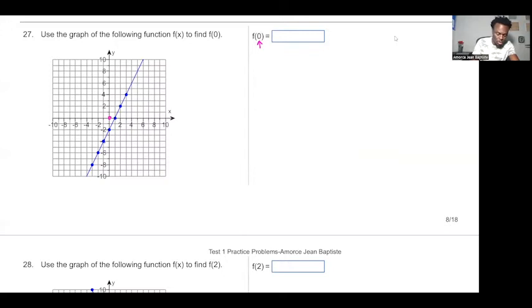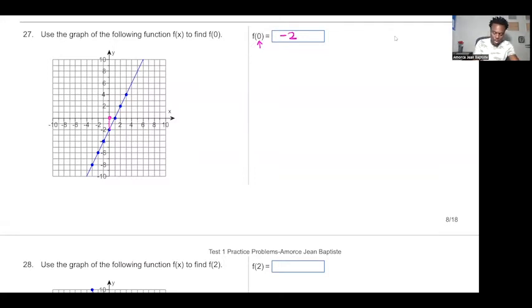Then we want to touch the graph from this value of x, and after we touch the graph, we find the y value at the location where we hit the graph. In this case, we hit the graph at y equals -2. So f of 0 equals -2. It's that simple.